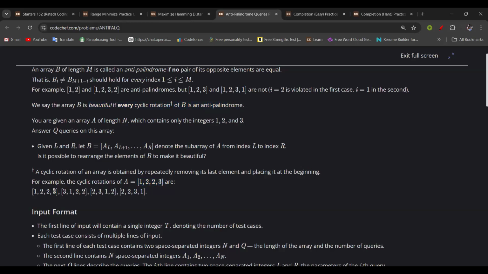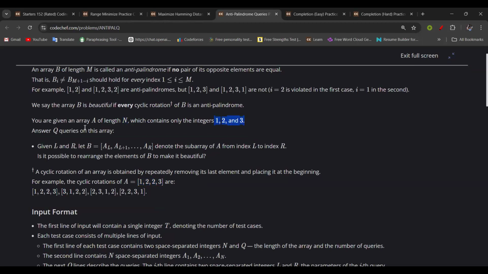So this 3 would come ahead and all of this would be shifted right by one position. This is one cyclic shift, and this is the second cyclic shift. If all of the cyclic shifts are anti-palindrome, then we would say that this is beautiful.